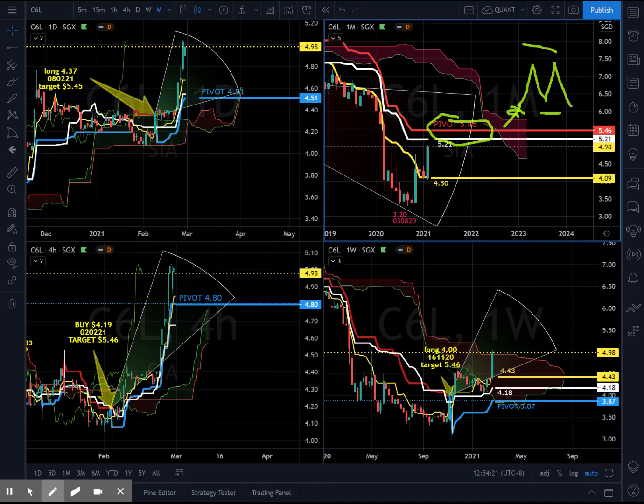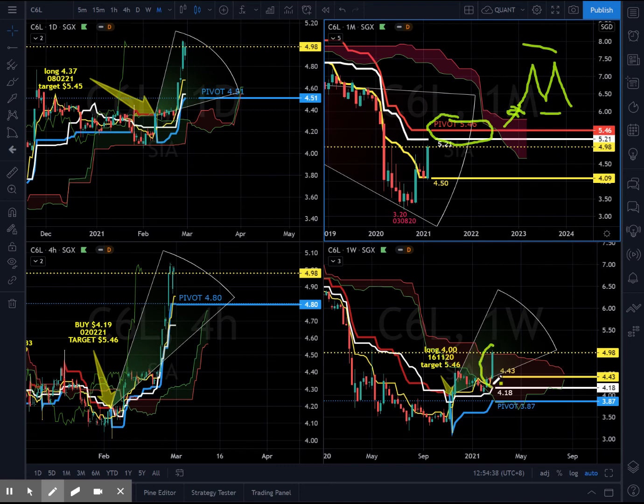Perhaps Singapore Airlines will recover to an uptrend based on the optimism surrounding the pandemic as well as the travel industry. And on a weekly basis, still long, bullish since the 16th of November.